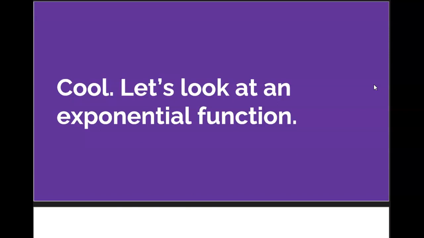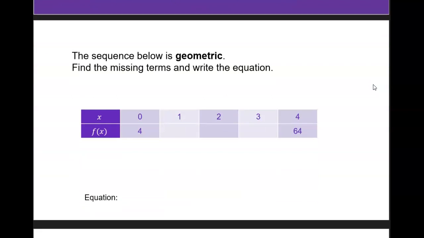So let's look at our exponential function now. The sequence below is geometric. All right, so remember this means multiplication. Also means exponential. And we need to fill in the missing terms and write the equation.